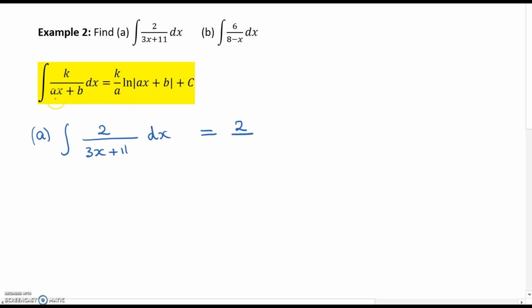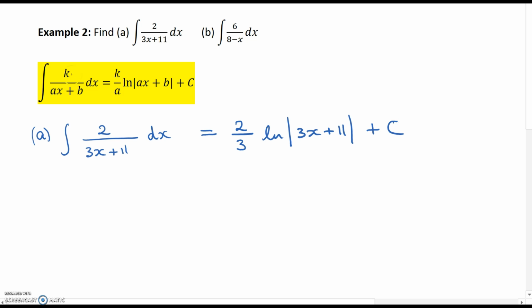Well, a was the coefficient of x, which is 3. Okay, and then we have the natural log of the absolute value of whatever this expression was underneath. We keep exactly the same expression, so it's going to be ax plus b, or 3x plus 11, plus c. Okay, so we're looking at a pattern and we're repeating the pattern.